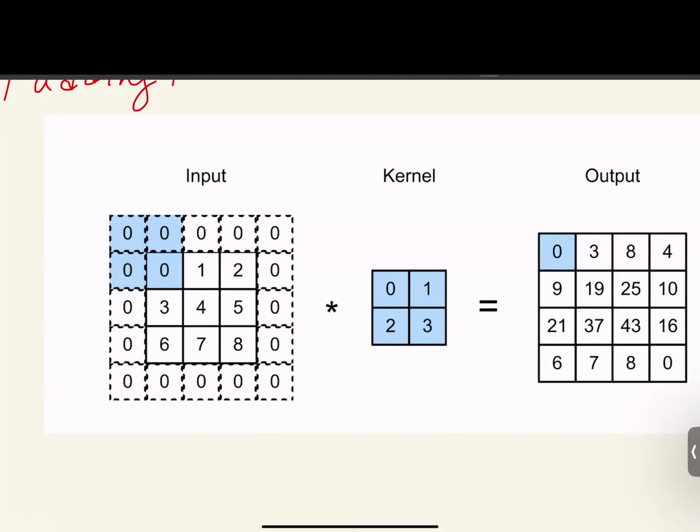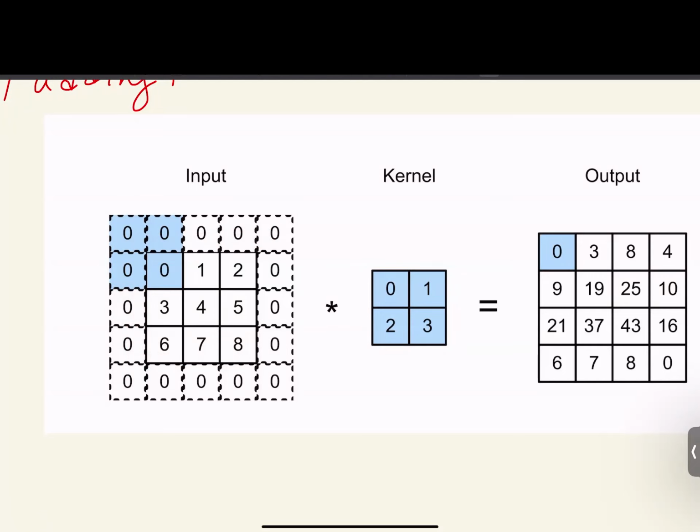In this case of 2 by 2, we can now have an output corresponding to these edge cases on the periphery of the image. This way, we retain the same dimension in the output.